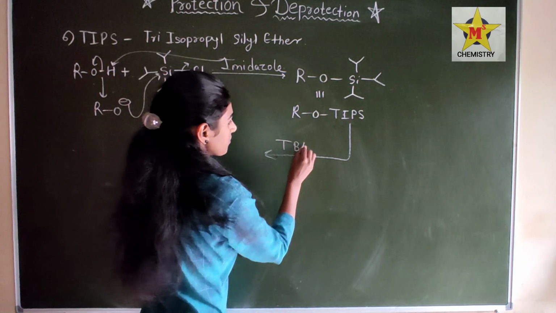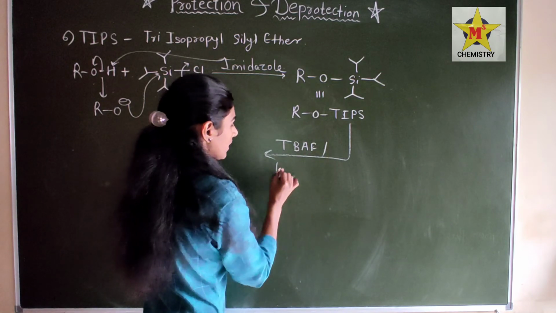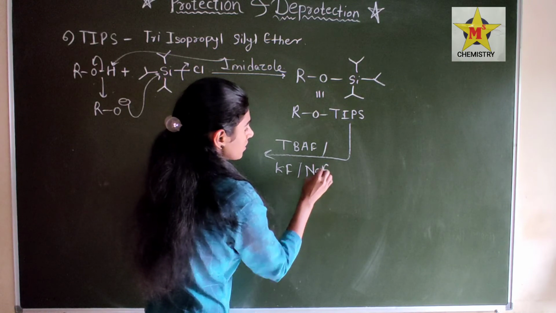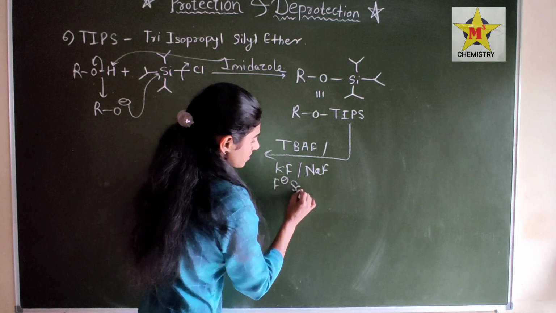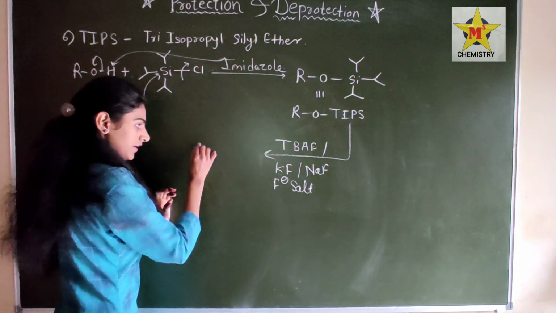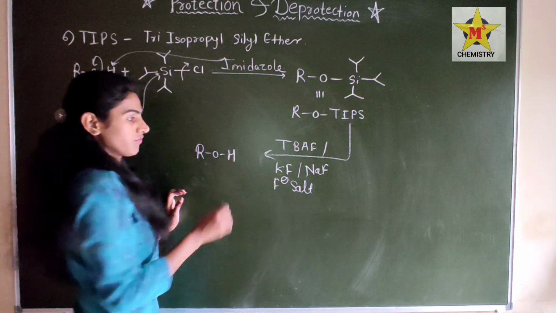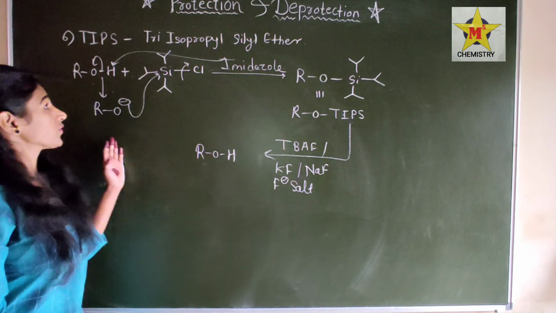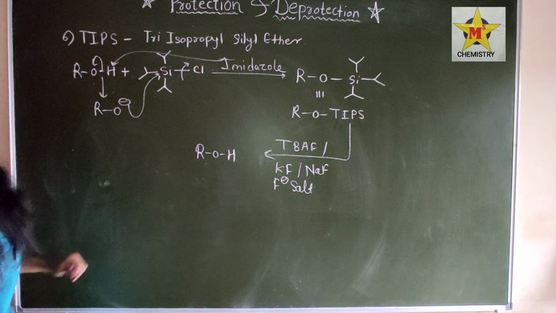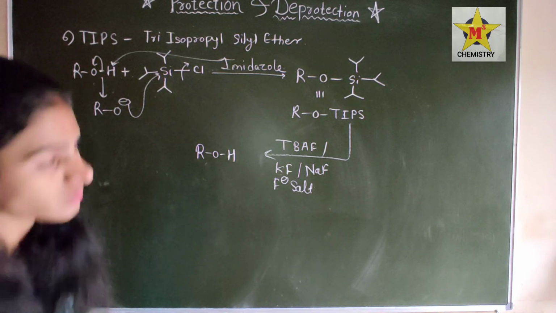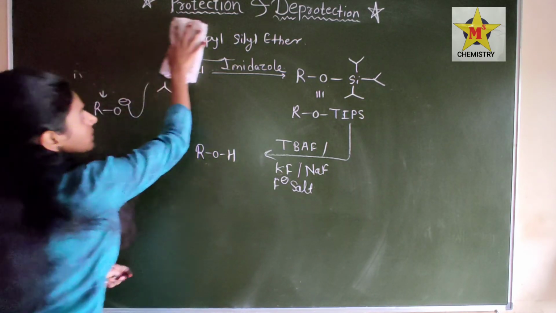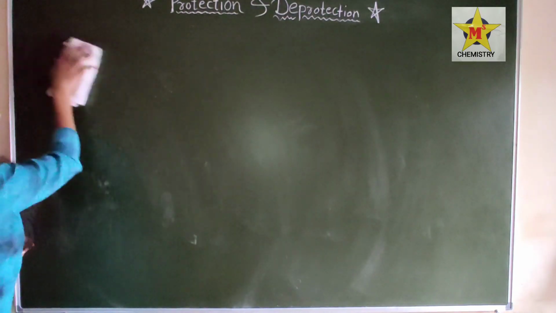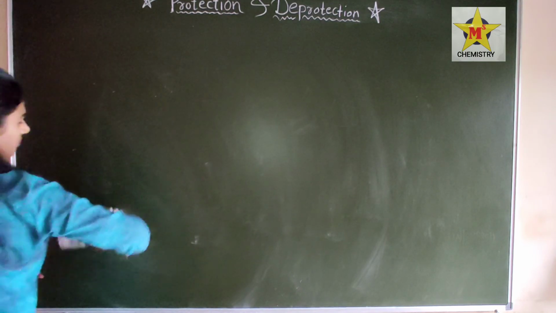This will deprotect in the presence of TBAF or KF or NaF, any fluoride salt, and we get the alcohol functional group deprotected. Okay, in this way TIPS is also over. So next to that is TBS. TBS group is also called TBDMS.